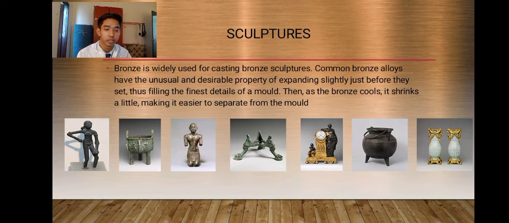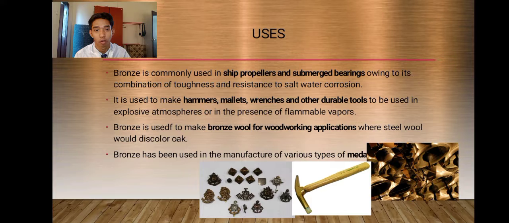The next is uses of bronze. Bronze is commonly used in ship propellers and submarines owing to its combination of toughness and resistance to saltwater corrosion. It is used to make hammers, mallets, winches, and other durable tools to be used in explosive atmospheres or in the presence of flammable vapors.